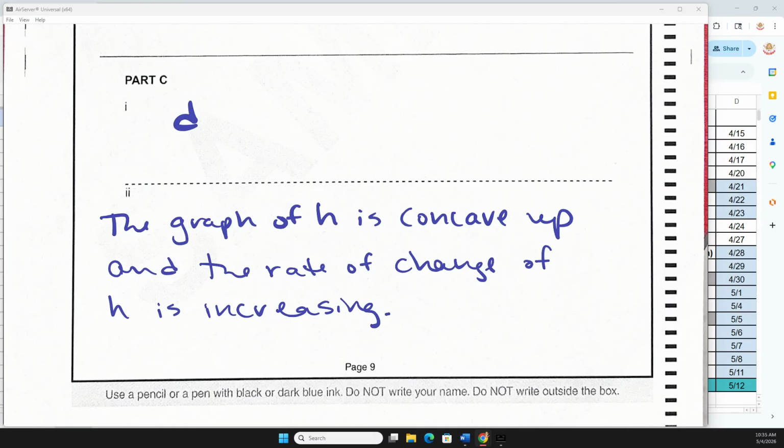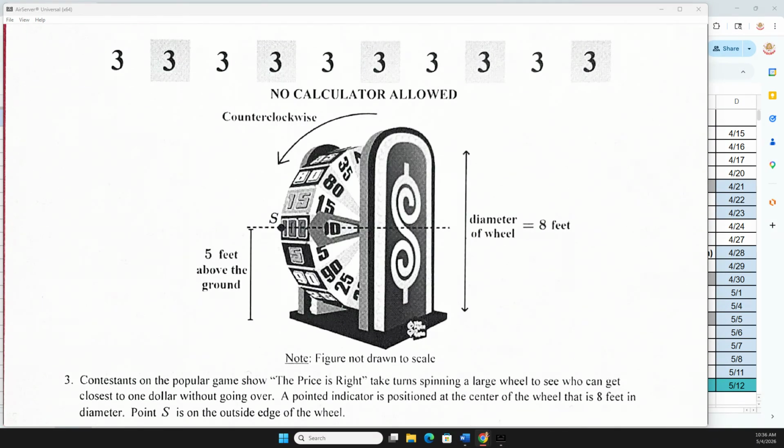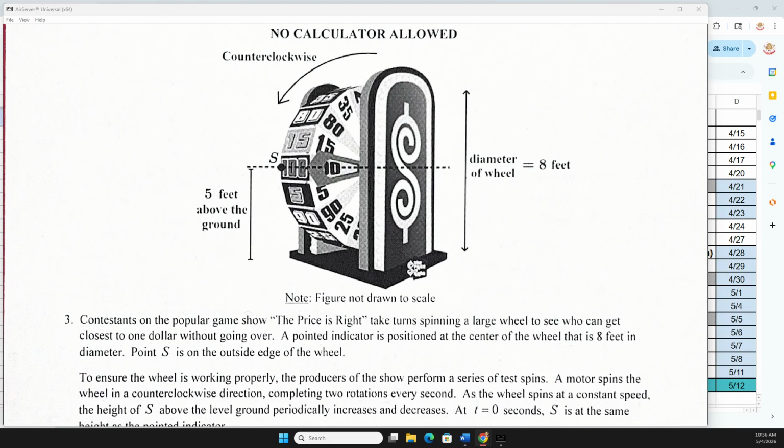Yeah, that's okay. You can just put concave up, increasing, honestly. Concave up, comma, increasing. You just have to answer the question. Don't be fancy. But that's the way it is in the past. Now, I don't know if they're going to start grading more difficultly. I don't think they will. We'll just have to see.